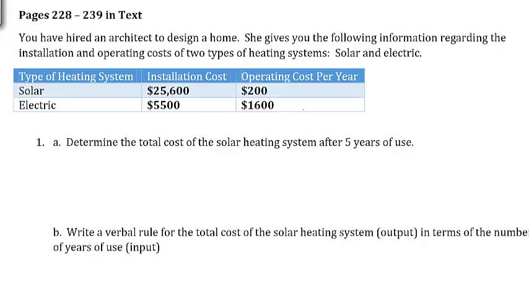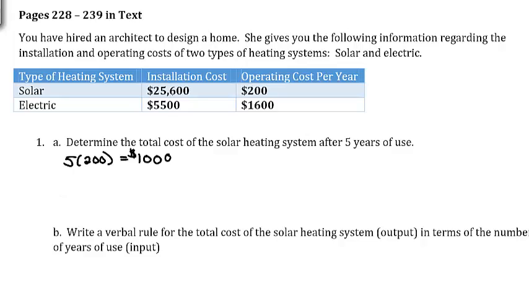So we want to, in the first problem, determine the total cost of the solar heating system after 5 years of use. So each year it's going to cost us $200. So 5 times 200 is going to be our cost of running the system. So that would be $1,000.